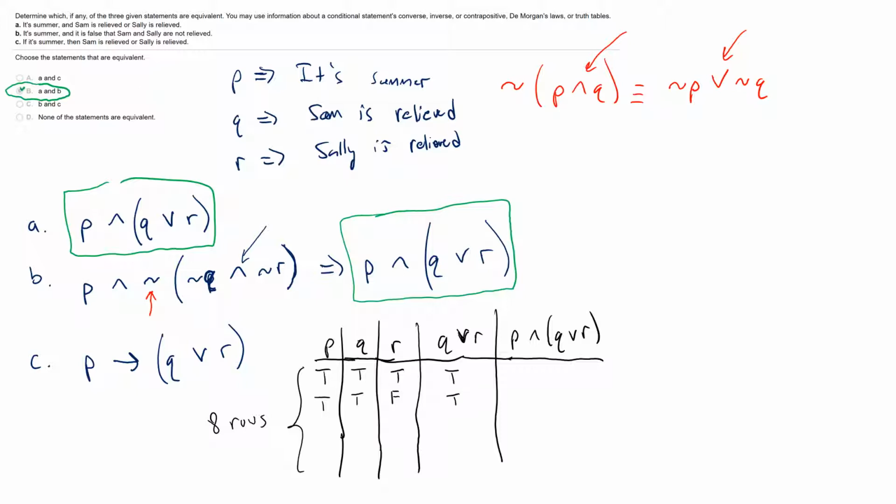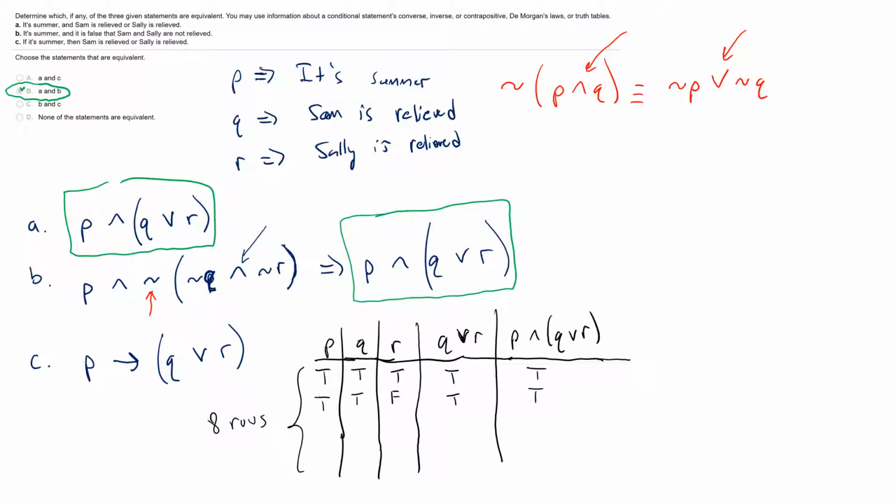Now I have P and Q or R. Well, in the first row, P is true and Q or R is true. So yes, they are both true. Same thing with this one. Right, so true and true is what I see for statement A so far.